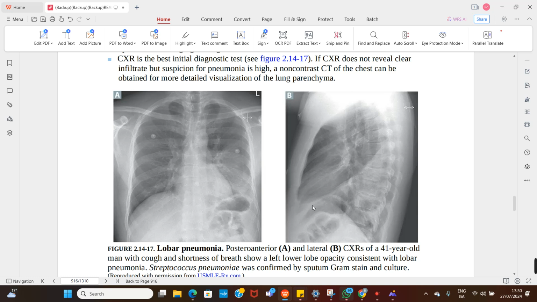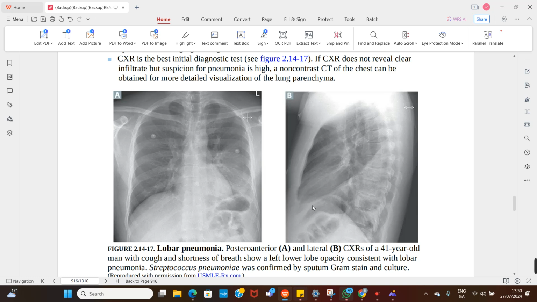So if you are interested in the parenchyma in someone that has pneumonia, which CT are you going to order? Is it going to be contrast enhanced or non-contrast enhanced? What I'm saying is, if you put your contrast, you are not going to see that parenchyma well.